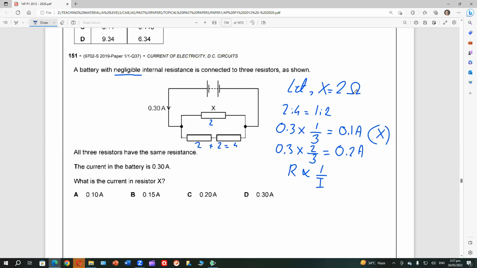No, but we are making a mistake because X is a low resistance. Resistance and current are inversely proportional. So it means the current through X should be 0.2 ampere.